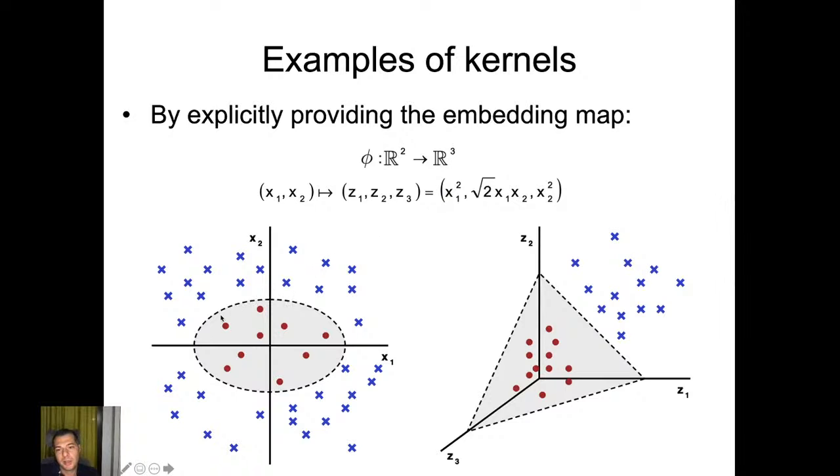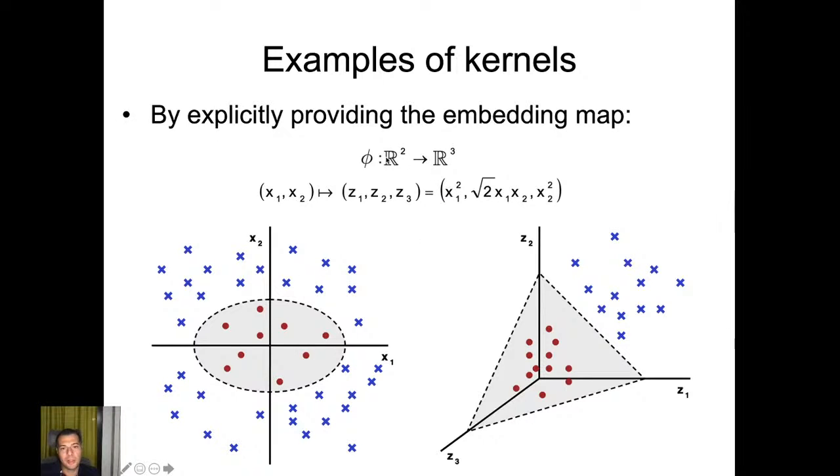If we have these points in the original space, here we have a nonlinear separation problem. We have blue x's from one class and the red dots from the other class, and the only way to separate them is through an ellipse. We cannot separate them with a straight line.